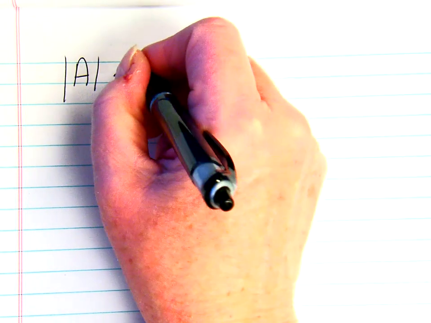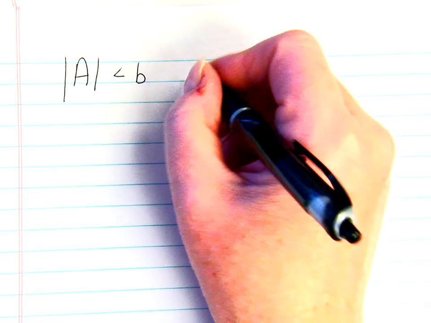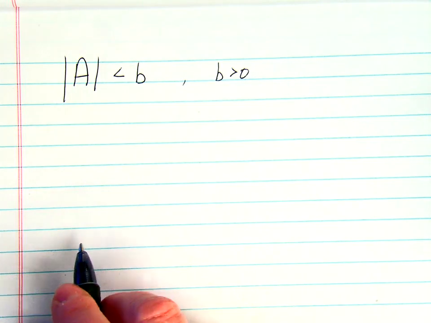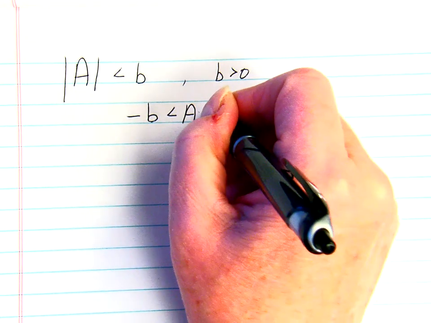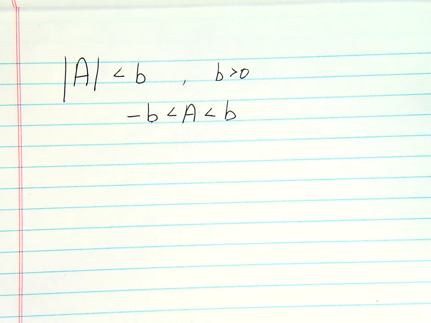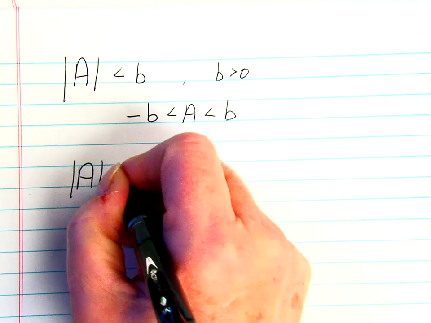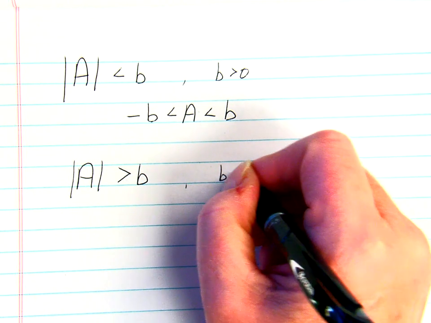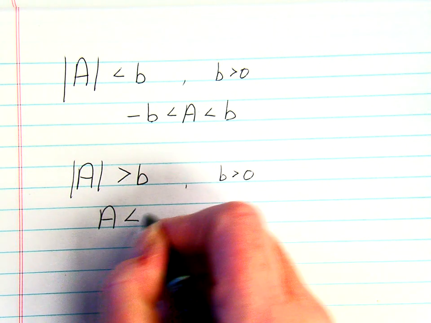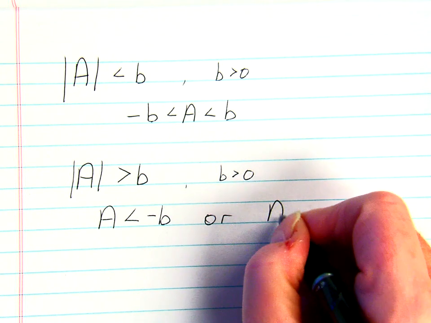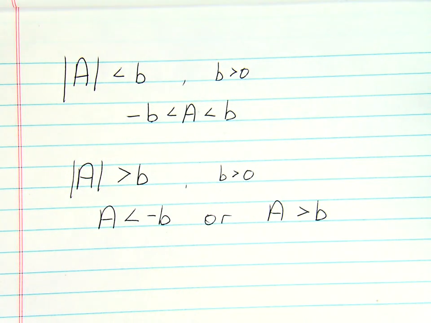So our rule is, if the inequality is in the form of the absolute value of A is less than B, and B is greater than 0, then we will solve this as -B less than A less than B. And if the absolute value of A is greater than B, and once again B is greater than 0, then we will solve A less than -B, or A is greater than B. So we are going to follow that throughout all of the problems.